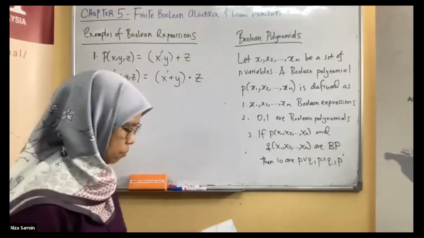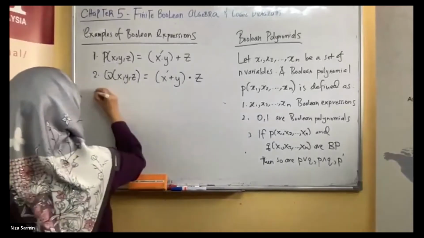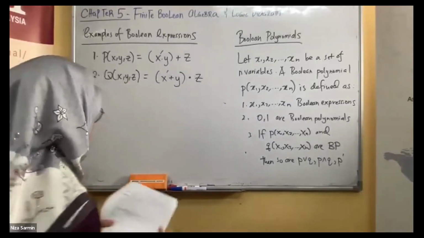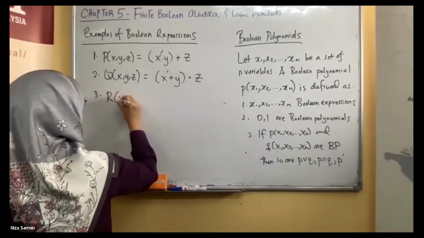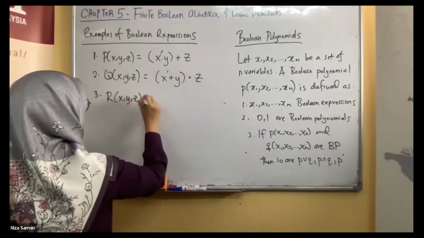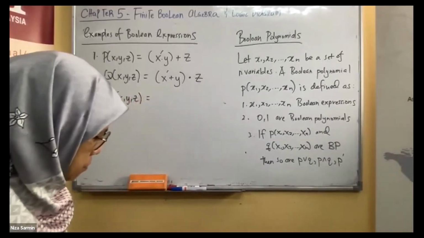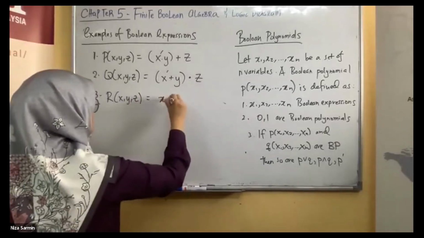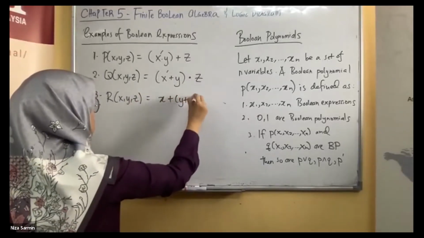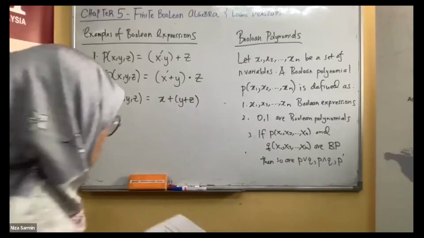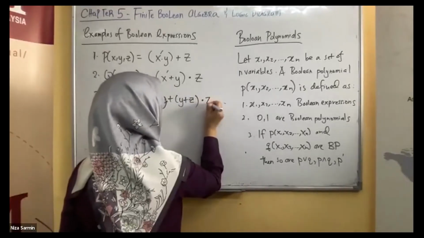Okay. The third one, R of X, Y, Z equals X plus Y plus Z dot Z prime.